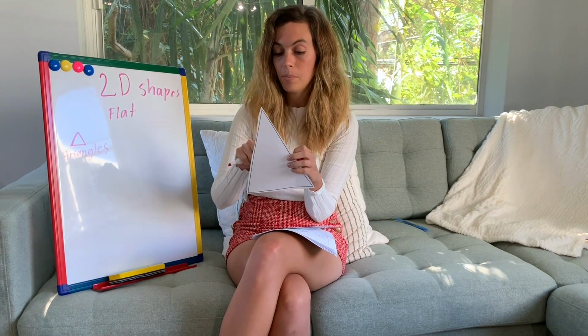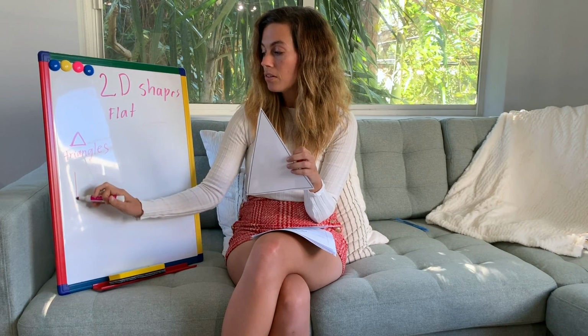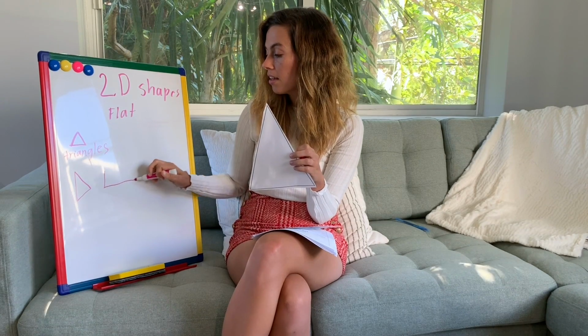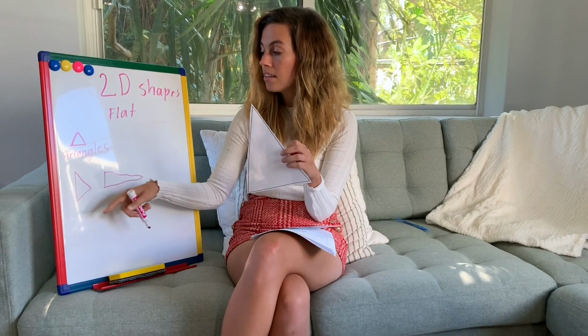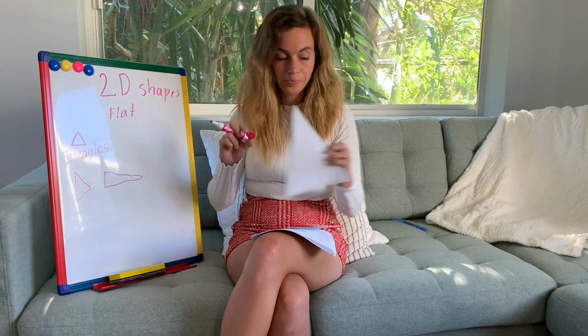So we know that pizza, a yield sign, and triangles can look like this. They could look like this. As long as the shape has 3 sides, it is a triangle.